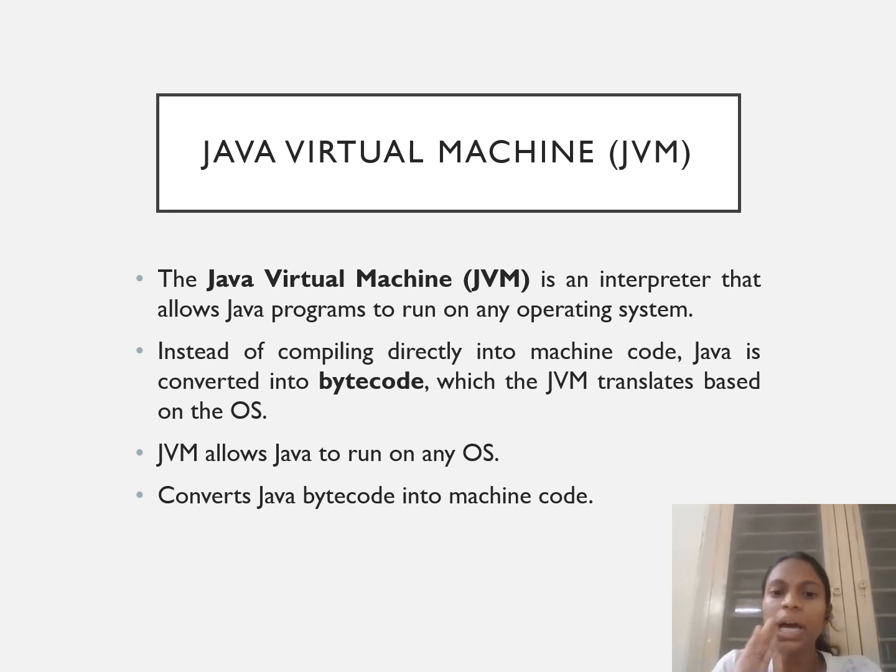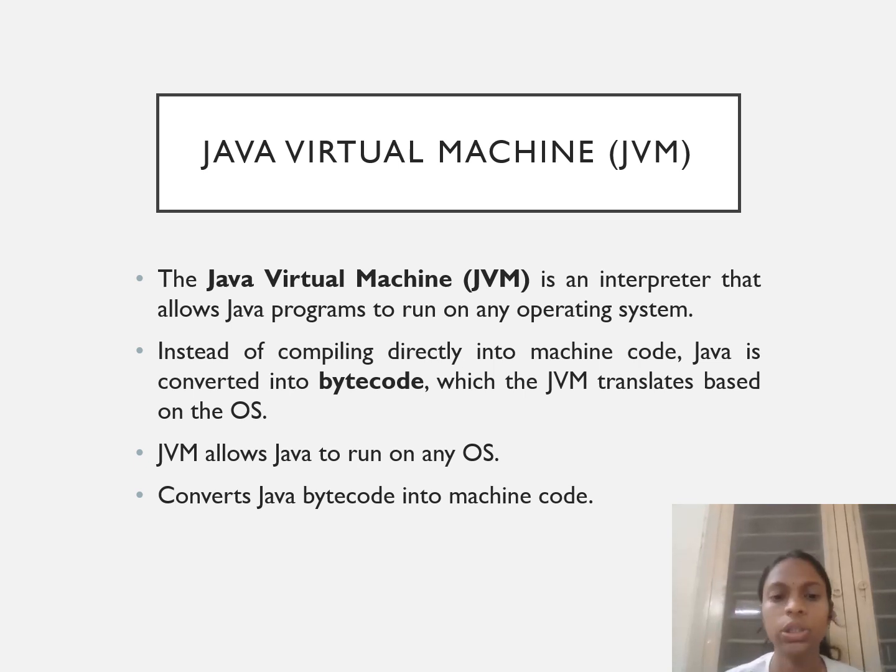Instead of compiling directly into machine code, Java is converted into bytecode, which the JVM translates based on the OS, right? The JVM allows Java to run on any OS and converts Java bytecode to machine code. So the JVM acts as a bridge between the bytecode and the machine code.